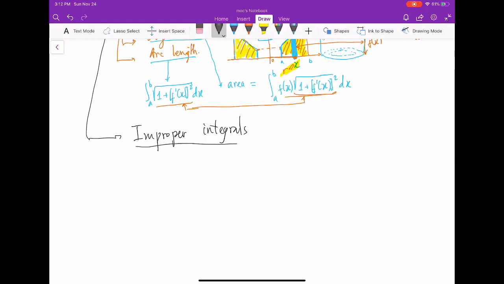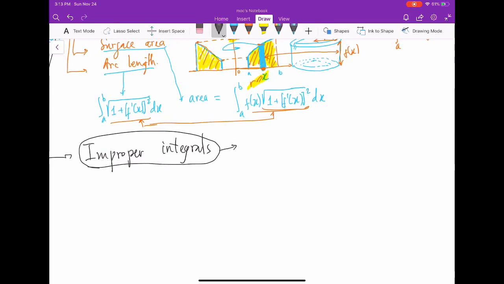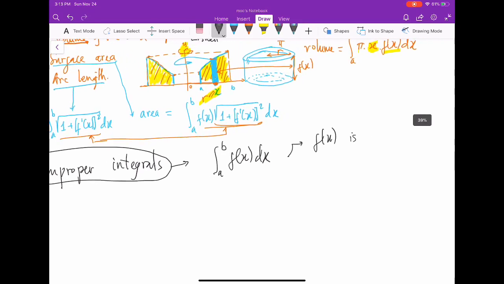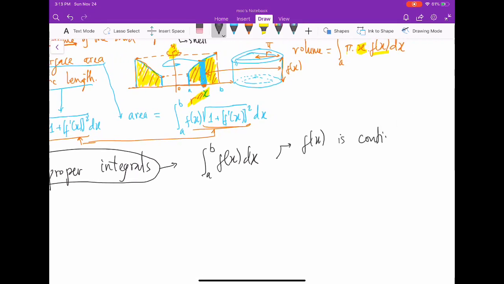So, what is that? Basically we consider the integral from a to b of f of x dx. And your integrand function f of x is, let's say, continuous on a and b.